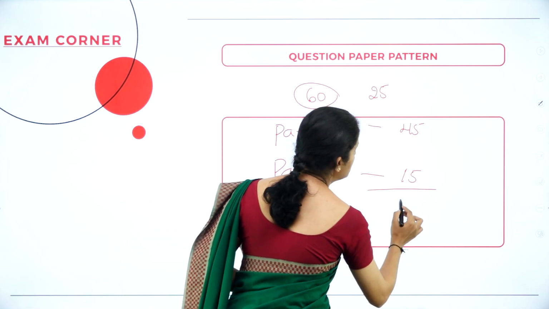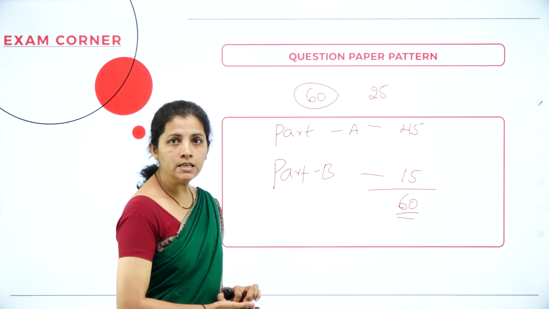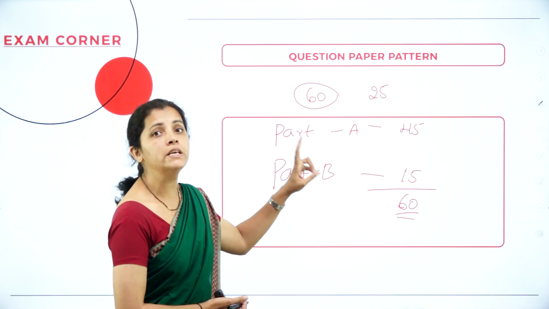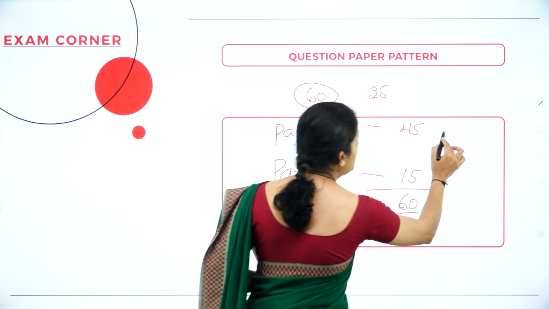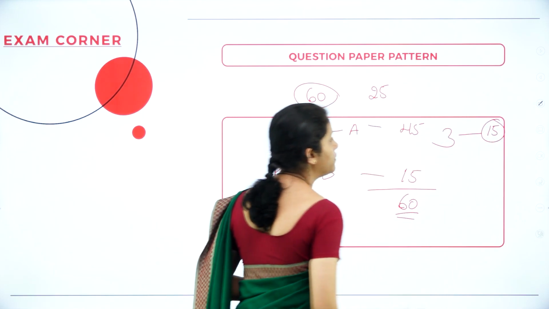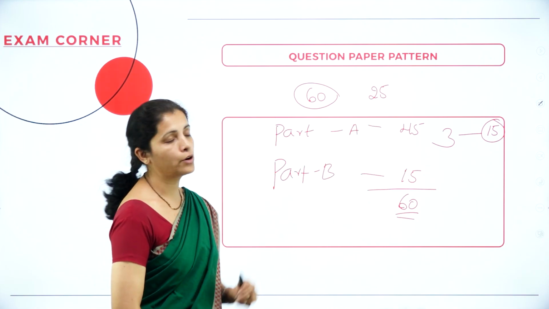So the total is 60 marks. And the number of units in this subject is 3. From each unit, I'm going to have 15 marks. So 3 into 15, it is 45.